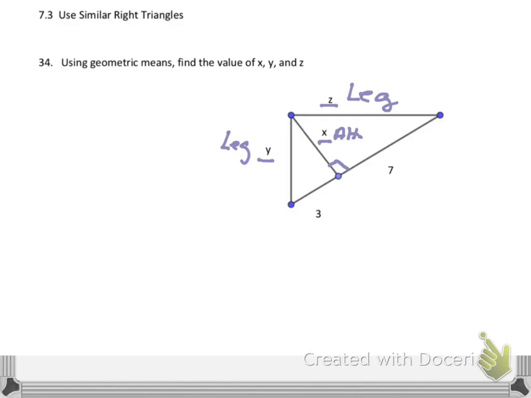So the geometric means are part of ratios. The geometric mean always goes low, high. So geometric means always repeat. The leg y is the geometric mean between the piece of the original hypotenuse closest to it and the entire hypotenuse.